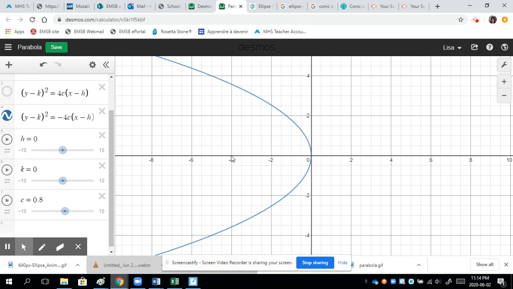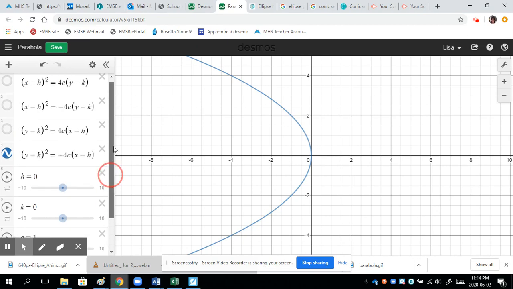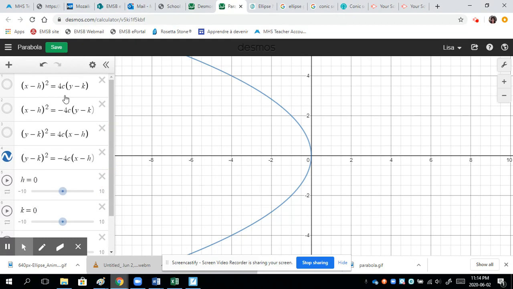So in this case, C would be 1, or 4C would be 4. Now I know I said that quickly. You are not responsible for finding the rules, so keep that in mind. You're responsible for at least recognizing the opening.